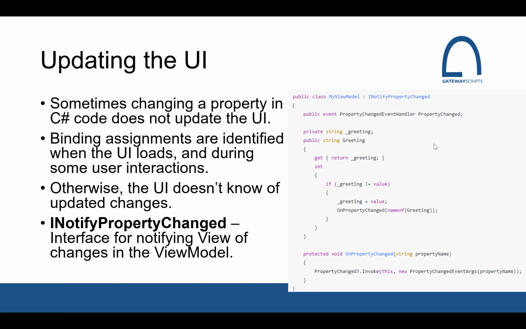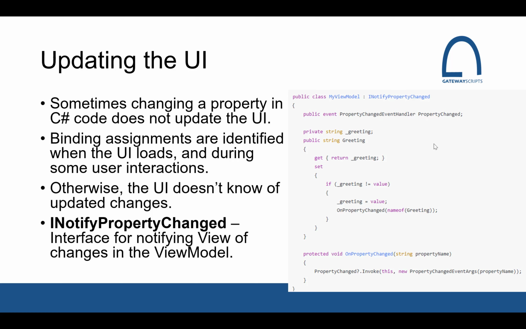For this reason, Microsoft has developed an interface called INotifyPropertyChanged. This interface allows you to use an event handler called PropertyChanged to notify the view anytime a property in the view model has changed. The basic way that it works is that on the PropertyChanged event handler, you just call a PropertyChanged event, and one of the arguments that goes into the PropertyChanged event is the PropertyChangedEventArgs, and in there you put in the property name.